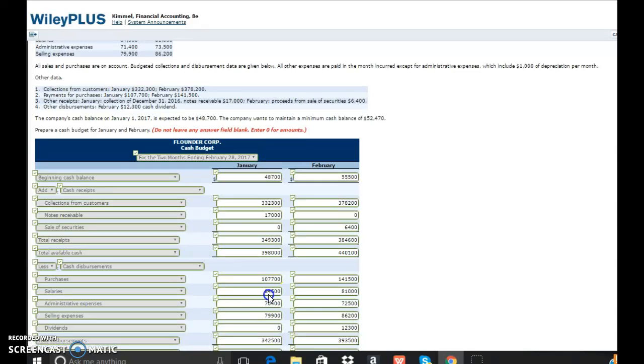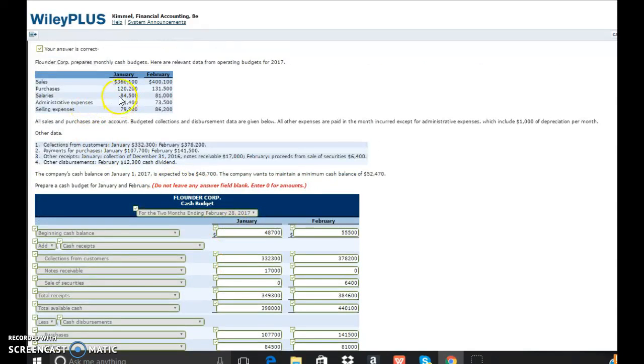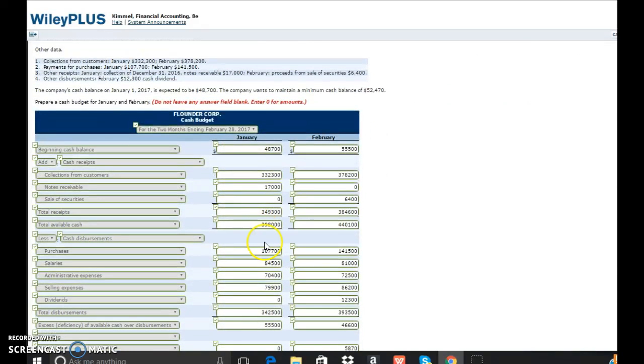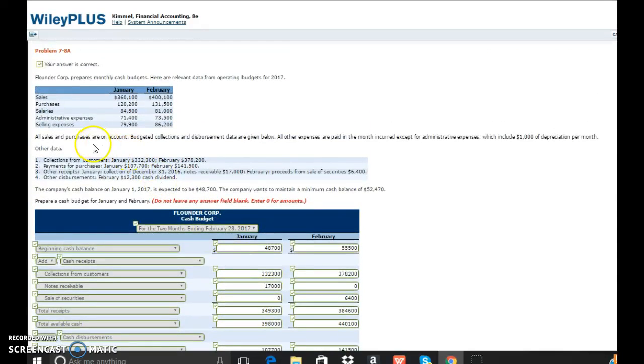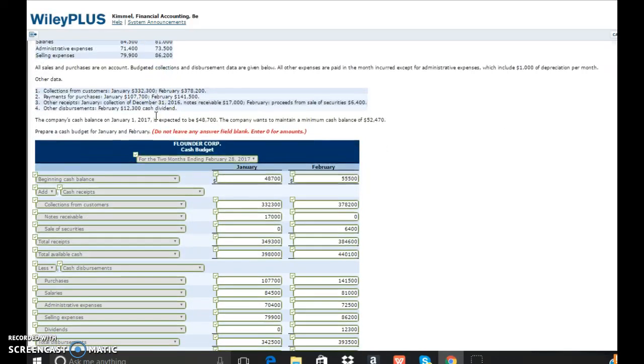Then we're going to enter in the salaries which were paid, which those salaries were right here. So for January, $84,500, and for February, $81,000. And then we're going to enter in our administrative expenses, which are a little bit tricky because it has them listed right here, which is $71,400 and $73,500.